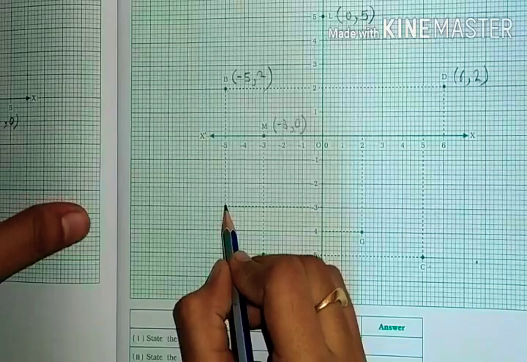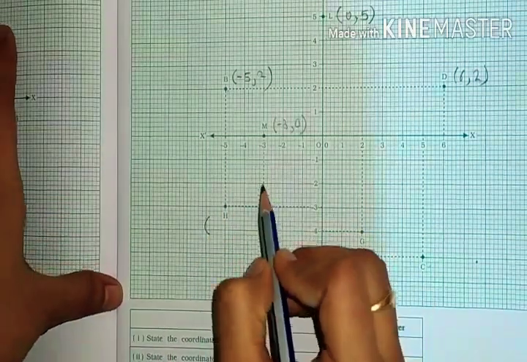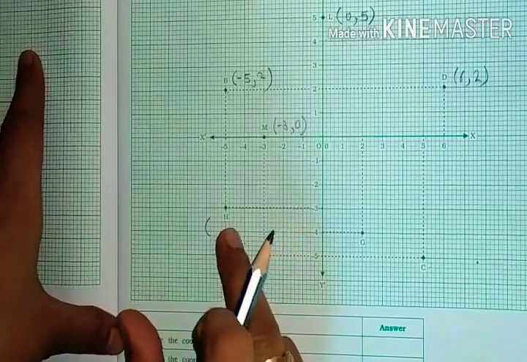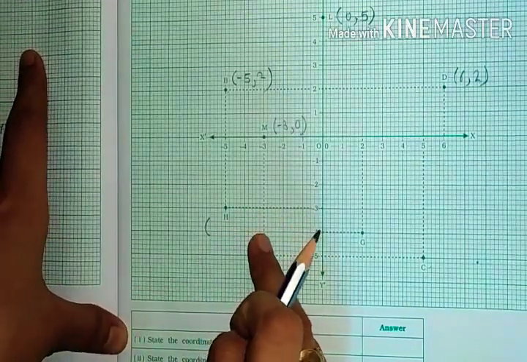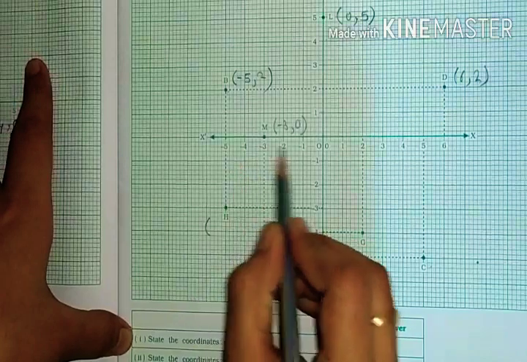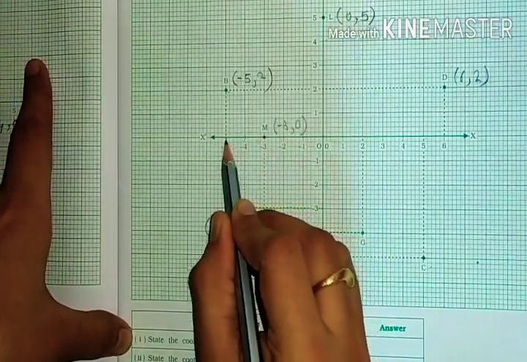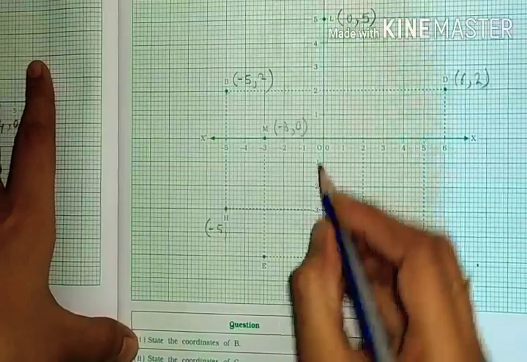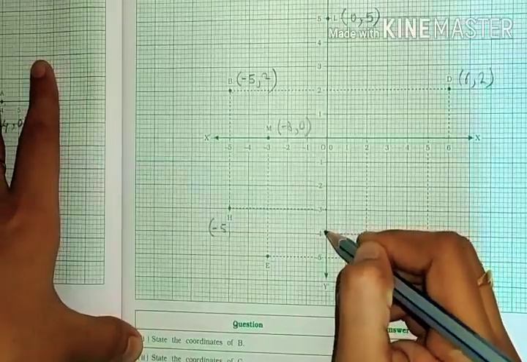The next point is H. H is in the third quadrant, therefore both the x and y coordinates are negative. Here the x coordinate is equal to -5 and the y coordinate is -1, -2, -3.